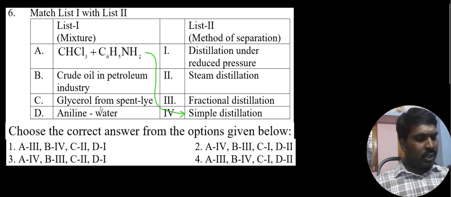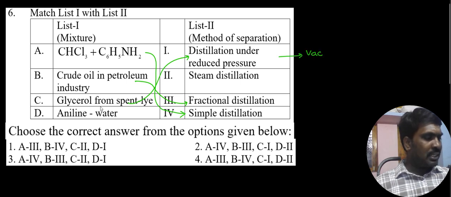Crude oil in the petroleum industry, so this is fractional distillation. And glycerol from spent lye, here we can use distillation under reduced pressure, also named vacuum distillation.